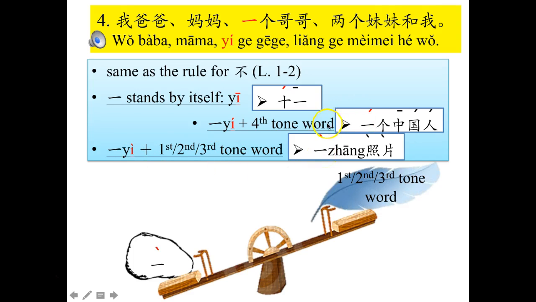Okay, so it changes when it goes before the fourth tone. Okay, 一个中国人 and 一张照片. We haven't learned many measure words that are second tone or third tone, but in the future, when we see that, we'll point out the pronunciation of 一.